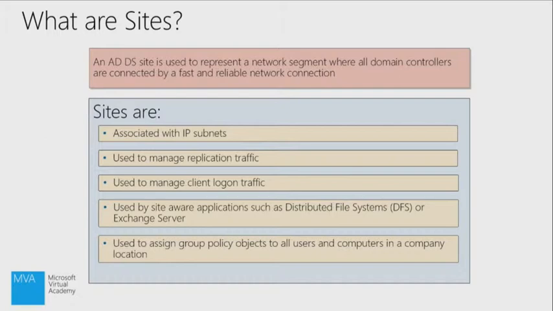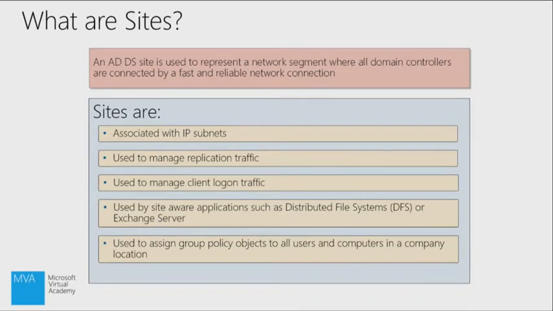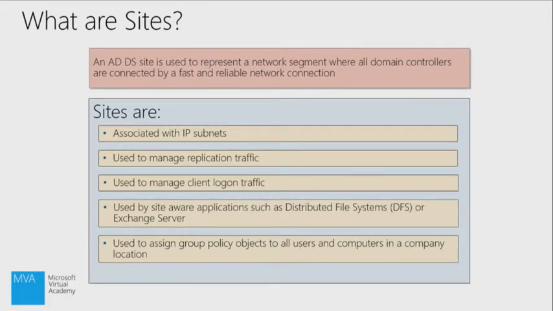Sites are associated with IP subnets, typically, and by default, as you're expanding out your Active Directory domain services to further sites, this will be created automatically. Sites are used to manage replication traffic, used to manage client logon traffic, used by site-aware applications such as DFS or Exchange servers, and used to assign group policy objects to all users and computers in a company location, potentially.